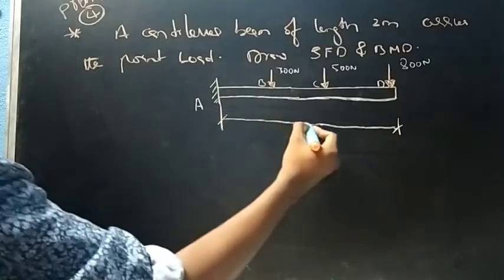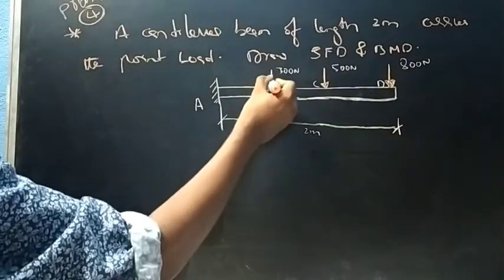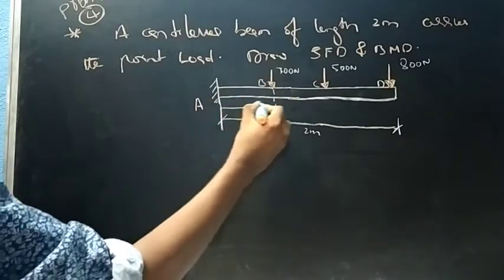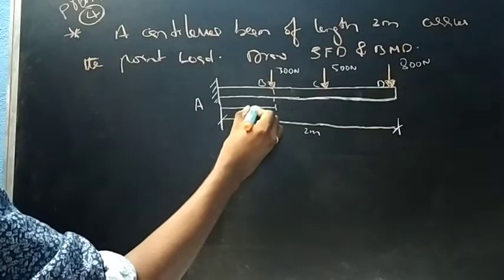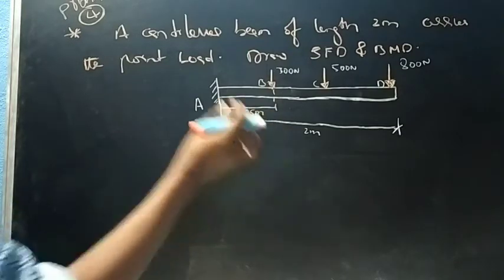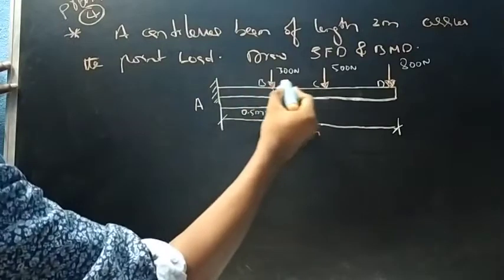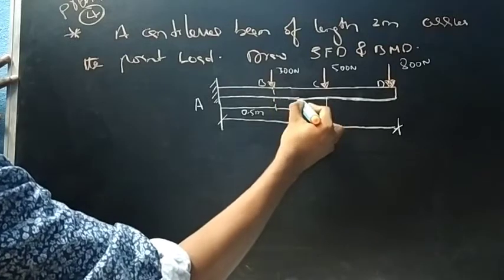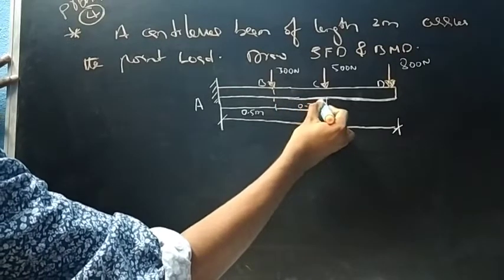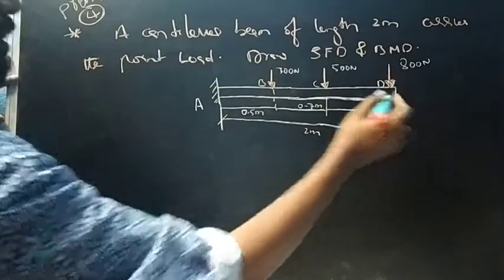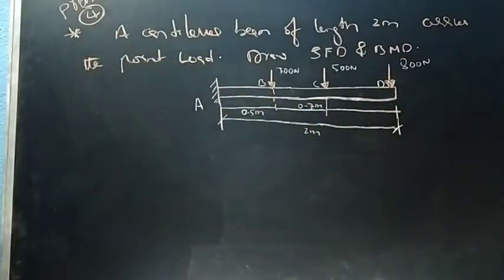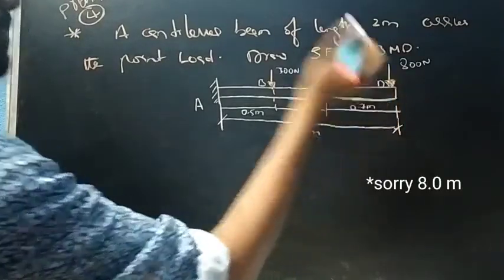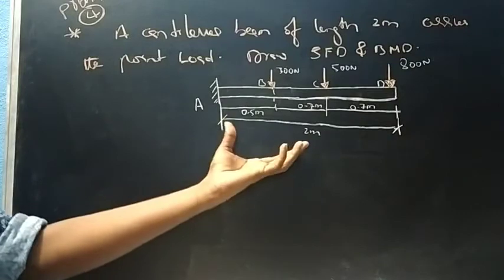The distance of point B from point A is 0.5 meters. From A to C, that is 0.7 meters. So 0.7, 0.5, so what is left? 0.7 meters. Okay, so this is your question.